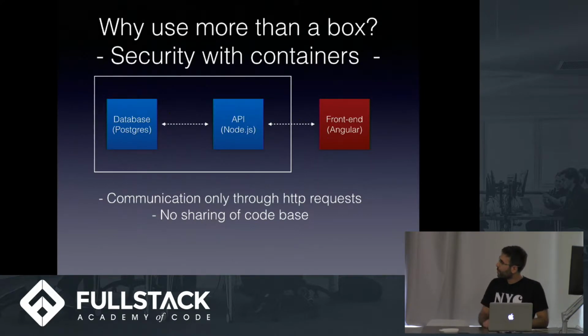But if you were running your app with this different configuration, with a front-end component, then an API component, and a database component, because communication between your front end and your API happens only through HTTP requests, and there is no sharing of code, that means you have added an extra layer of security into your production environment.